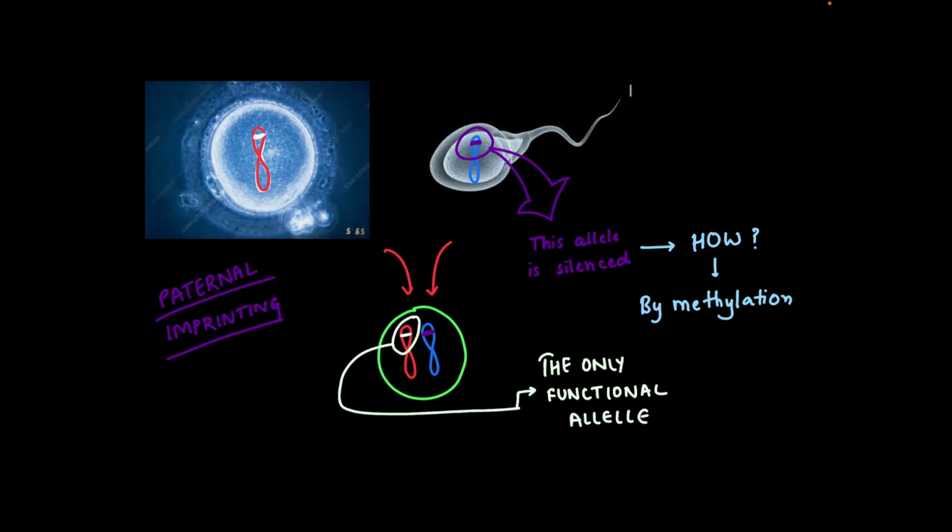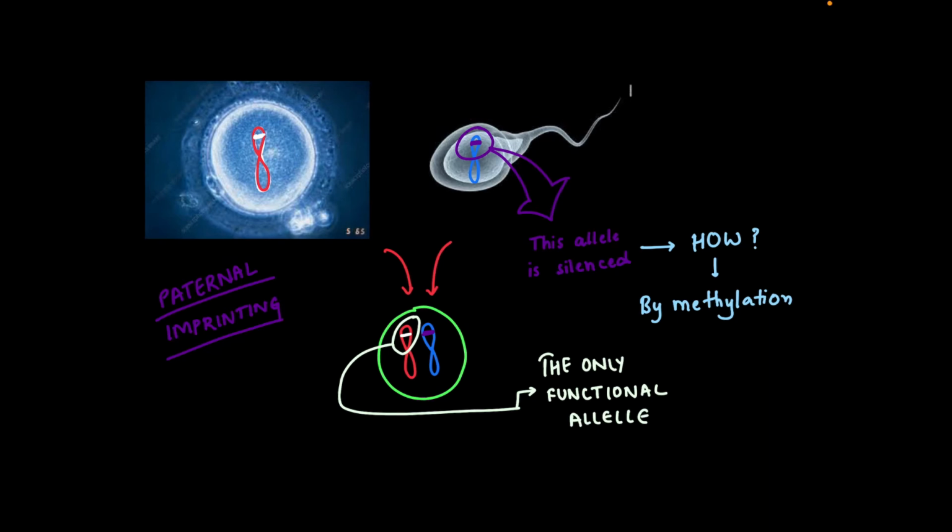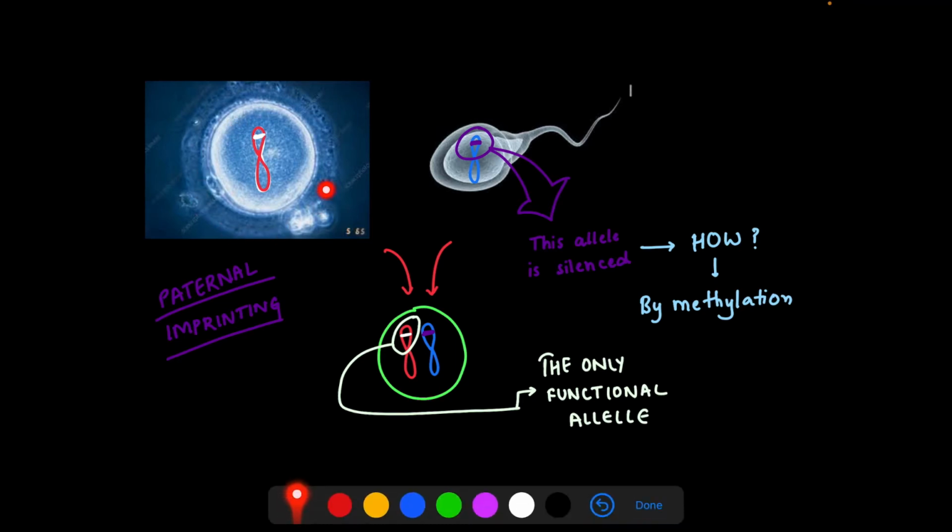So what happens in a gene that is paternally imprinted is that since the paternal allele is silenced, it is the maternal allele that has to do all the job. Now the disease basically happens when the maternal allele is mutated.